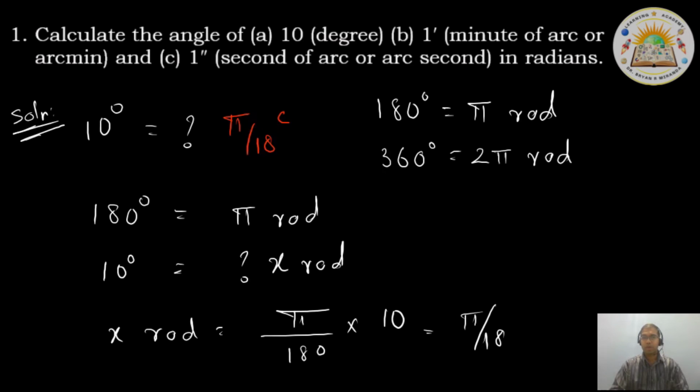Now the next part of the question, so this was the A part. It is asked for 1 minute of arc or arc minute. Now we have to convert this to radians. So how are we going to do it? We've been given 1 minute. It is known that 1 degree is equal to 60 minutes and 180 degree is equal to pi radian.